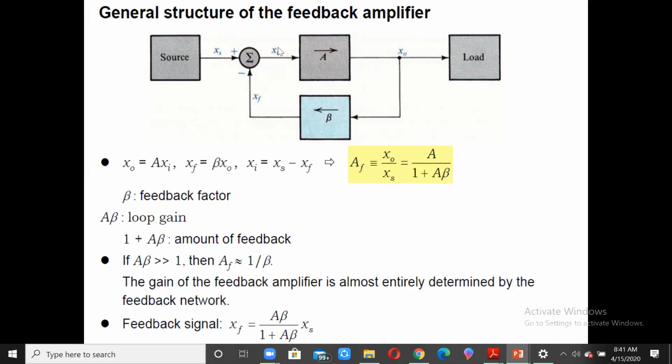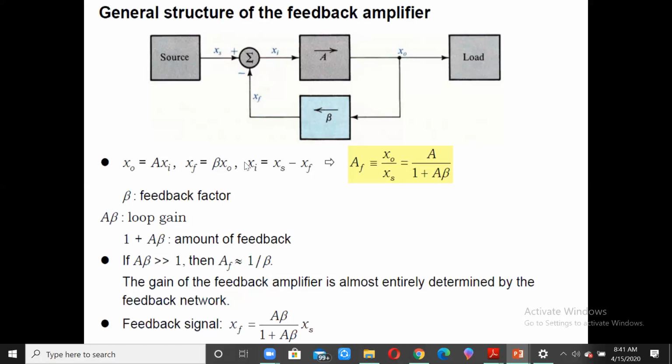Then the Xi value itself is XS minus XF. We are mixing here as plus and minus, therefore Xi is XS minus XF. In oscillators both will be positive, since we remove the source itself in an oscillator, but here we have positive here and negative here.